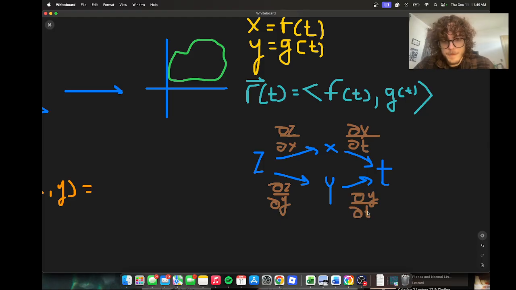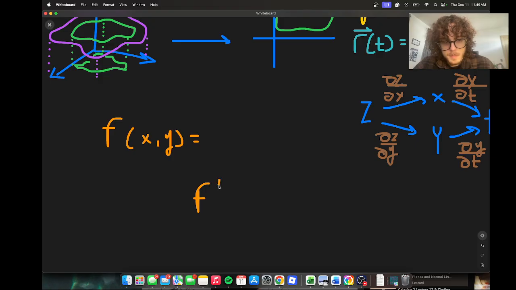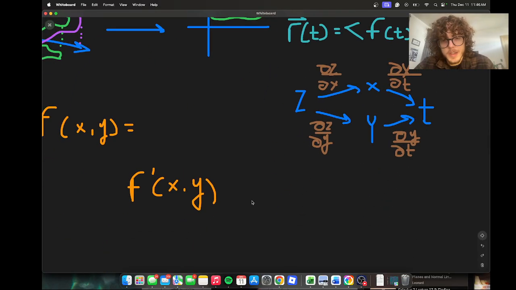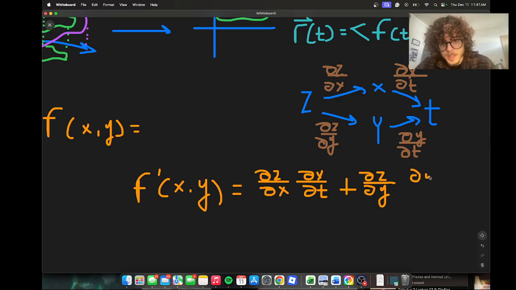For f prime of x, y, we could just take these partials, but because we mapped it to a common parameter t, we now have to rewrite it: f prime of x, y equals dz/dx times dx/dt plus dz/dy times dy/dt.